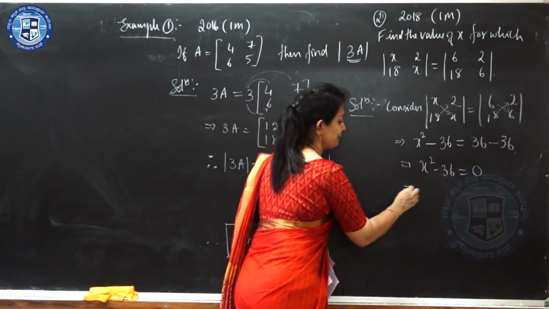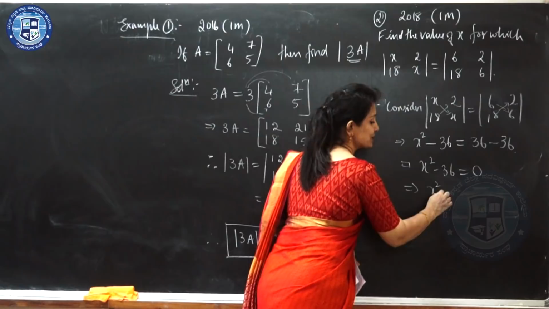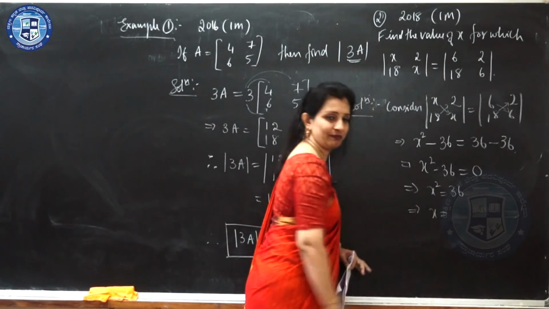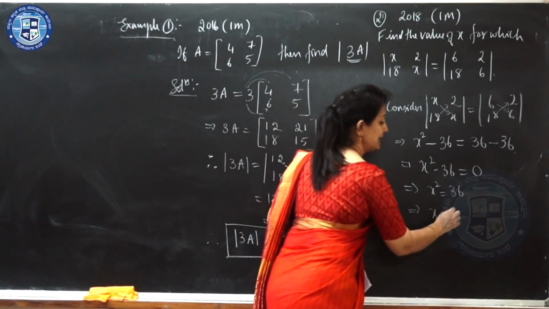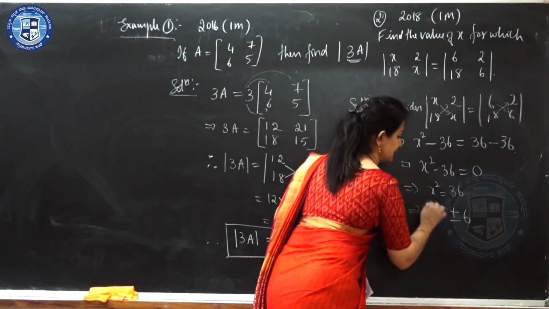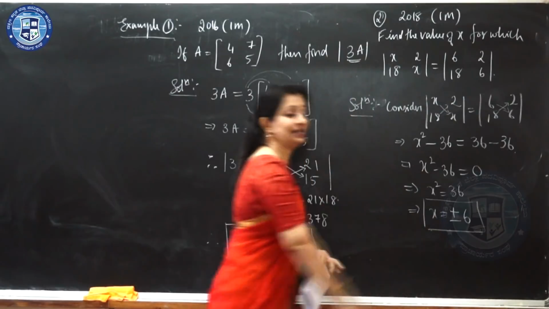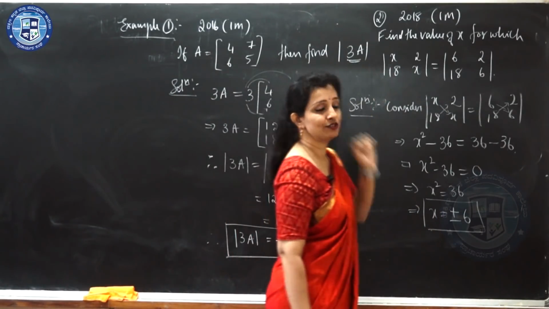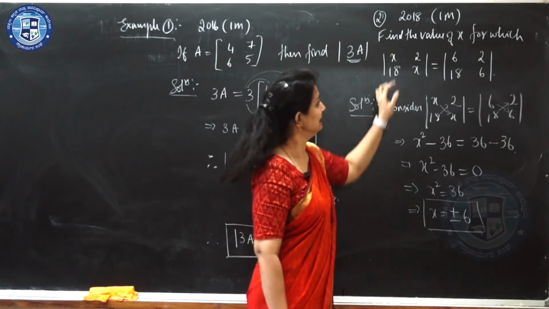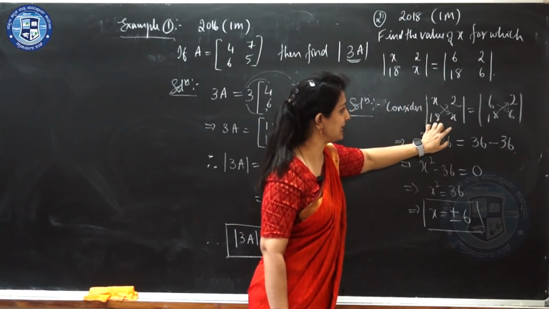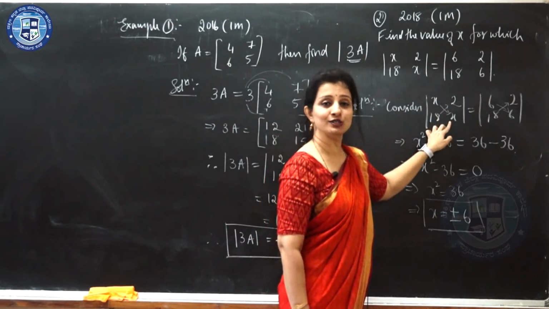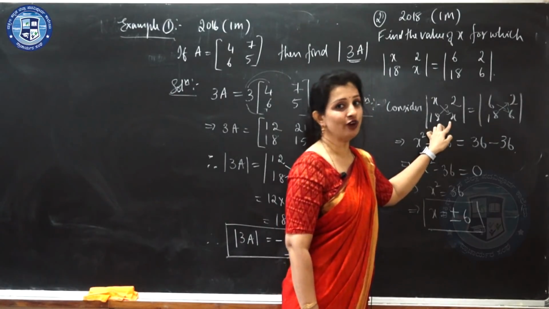Yes, what is the value of x? We want to find the value of x. x square is 36. That implies x is equal to the square root of 36. It is plus or minus 6. The value of x is plus or minus 6. See, this was a very simple question which was asked for 1 mark. Okay, so what is the equation? Write as it is. So it is cross multiply. We know how to expand the determinant of order 2.